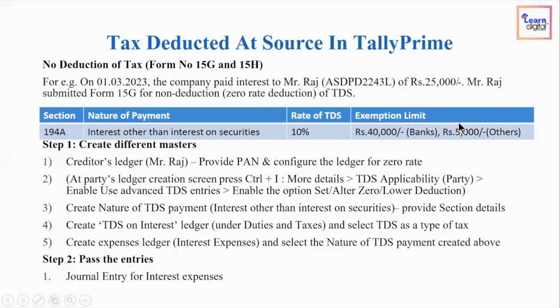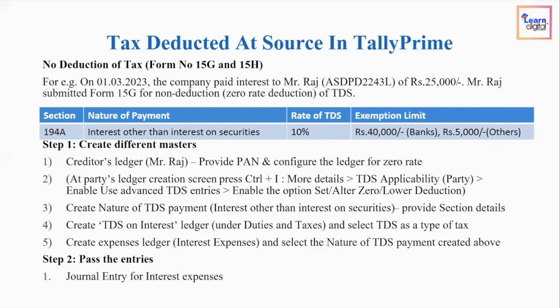See, the exemption limit is 5,000 for others, so it is 25,000. Obviously it is exceeding the exemption limit. So if Raj has not provided the form 15G, then on 25,000, 10% TDS will get deducted. That is 2,500 will get deducted in the normal case.